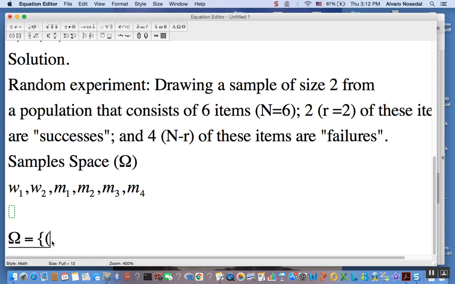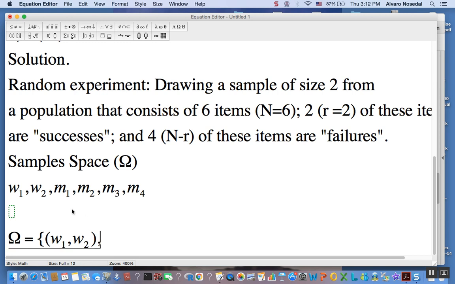Okay, so one possible outcome of that random experiment would be this sequence: the 2 women are selected to serve as part of the jury.